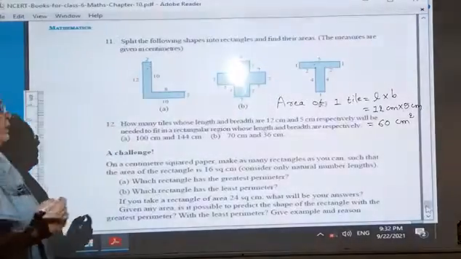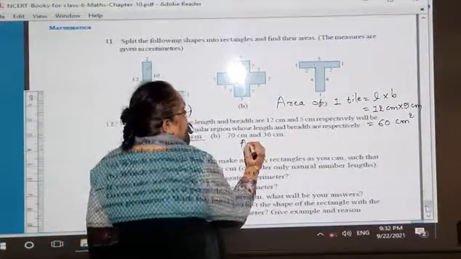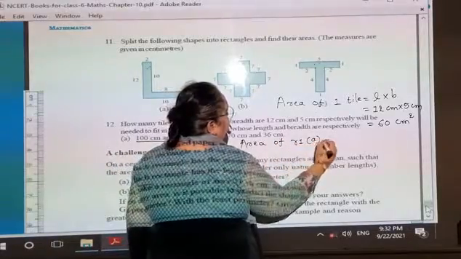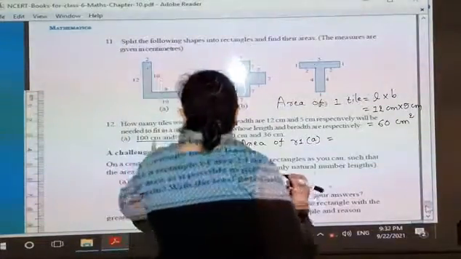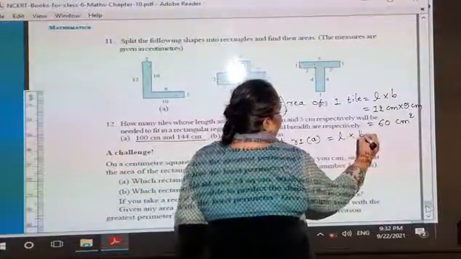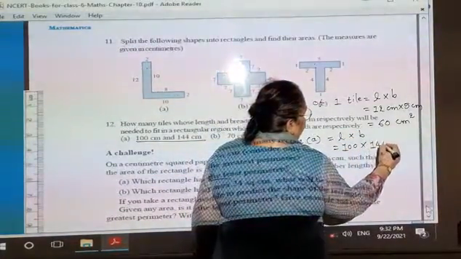ठीक है, चलो. Then after this, we can say that area of region 1 or A is length multiplied by breadth. So 100 multiplied by 144.